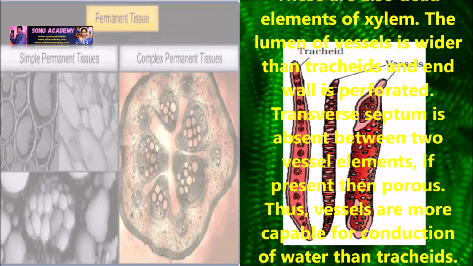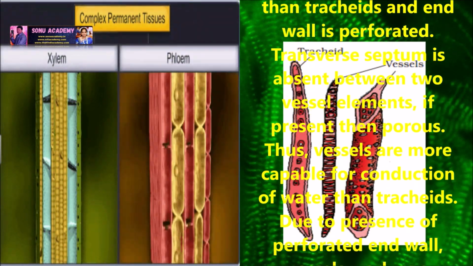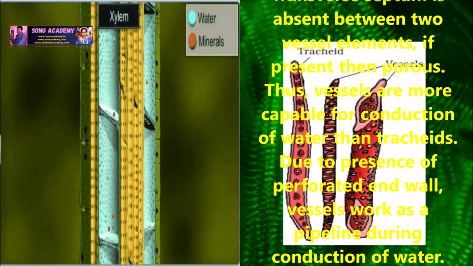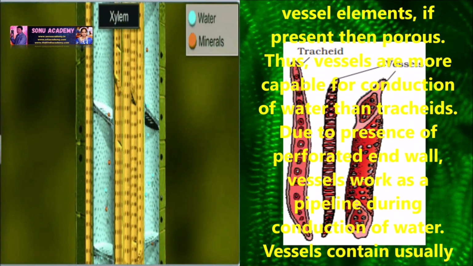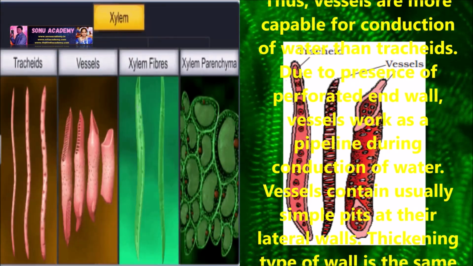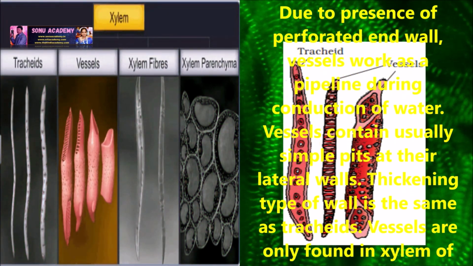Vessels are more capable of conducting water than tracheids due to the presence of the perforated end wall. Vessels work as a pipeline during conduction of water. Vessels usually contain simple pits on their lateral walls. The thickening type of walls is the same as tracheids.